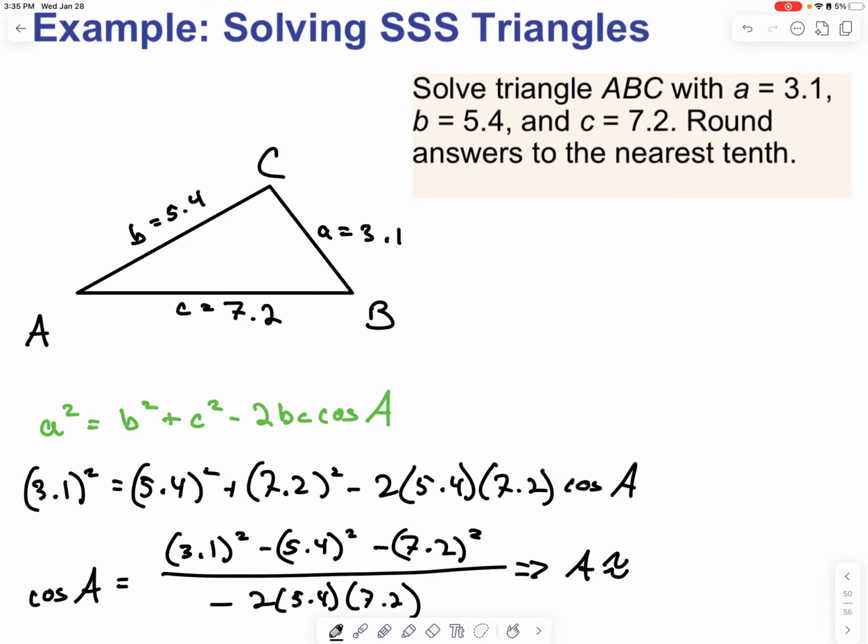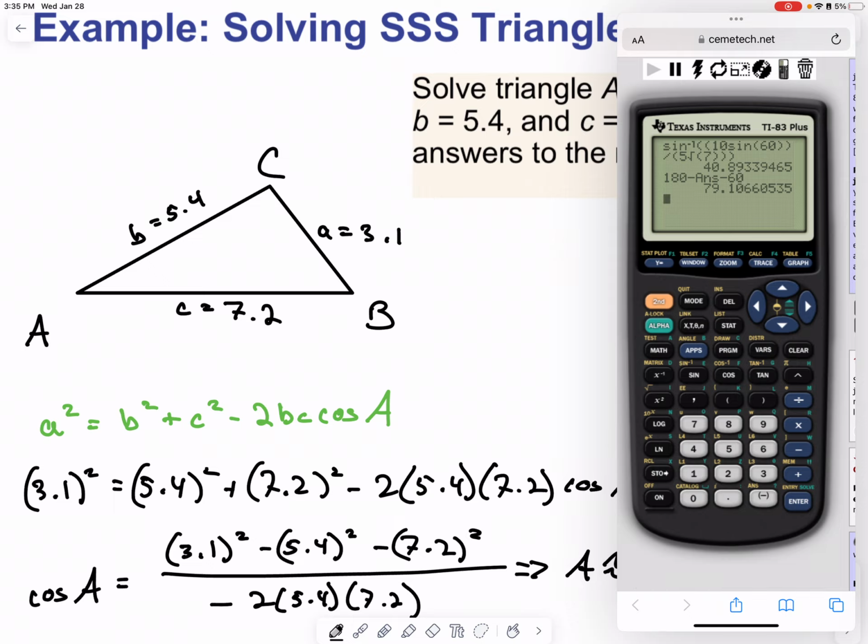Okay, so I'm just going to put all this in the calculator. I'm going to do my arc cosine. I'm watching my battery. My numerator: 3.1 squared minus 5.4 squared minus 7.2 squared. Close off my numerator, divided by my denominator, negative 2 times 5.4 times 7.2.